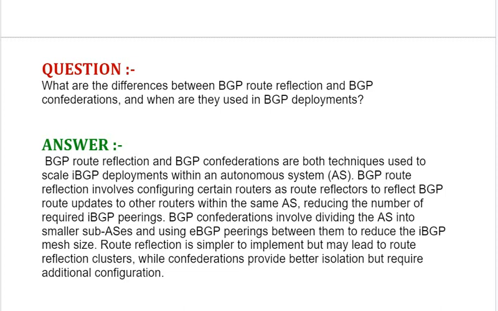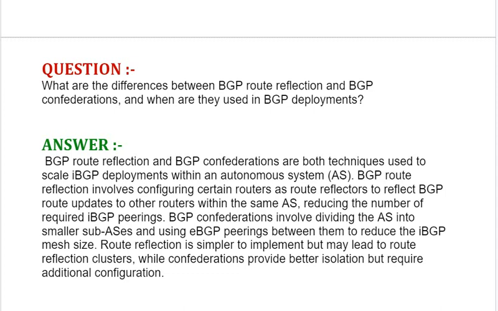BGP route reflection involves configuring certain routers as route reflectors to reflect BGP route updates to other routers within the same AS, reducing the number of required IBGP peerings.